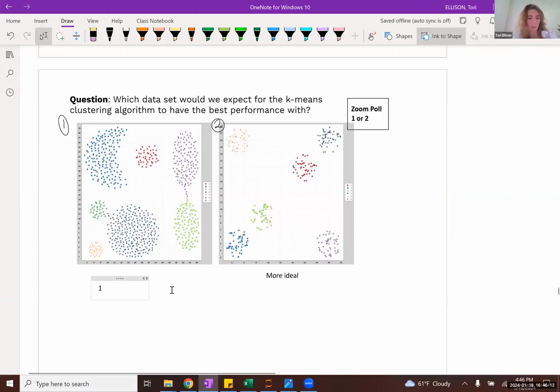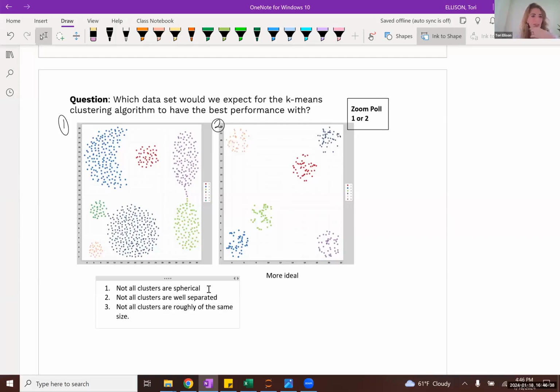But yeah, I'm seeing number 1, not all clusters are spherical. So that's one key issue. Yeah, so not all clusters are well separated. That's another issue. And then the final one is that not all clusters are roughly of the same size.